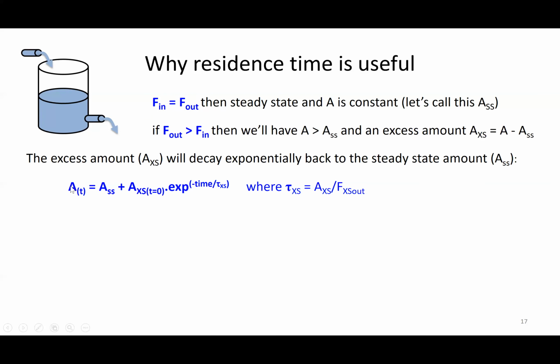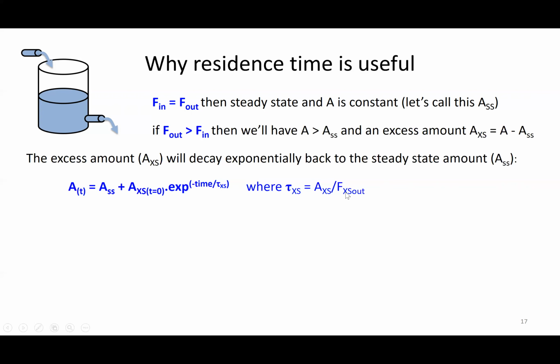The amount of water in the tank as a function of time will equal the steady state amount plus the excess amount, which will evolve from t0, when there is an excess amount put in there, according to an exponential function where the exponent is negative time divided by the residence time, or tau excess, where we can define tau excess, the residence time, as being the excess amount divided by the excess flux out.